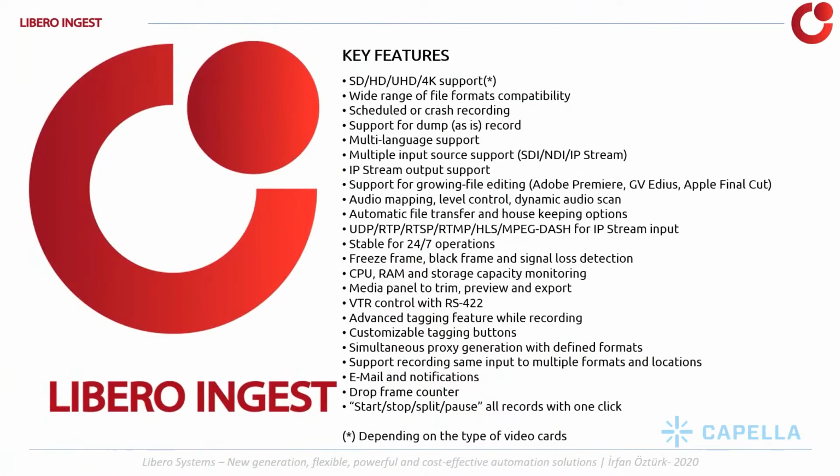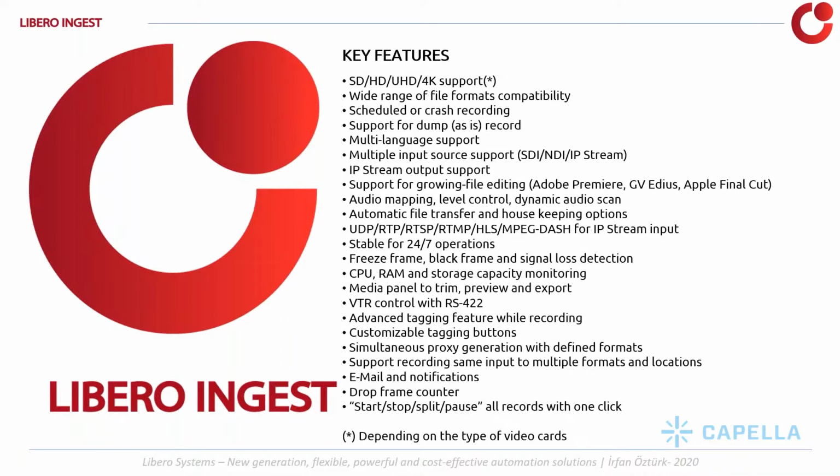These are the key features of Libero Ingest, such as freeze frame, black frame, and signal loss detection. As I mentioned, you can monitor your CPU, RAM, or storage capacity, and it has a media panel window, and you can trim, preview, and export even your growing files. And it has a VTR control feature and tagging feature also.